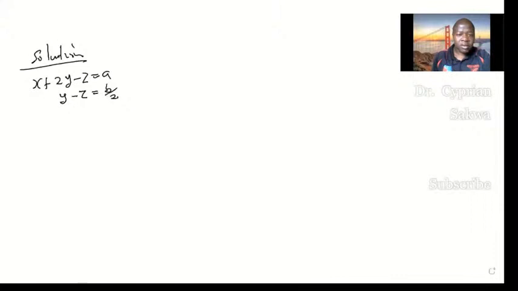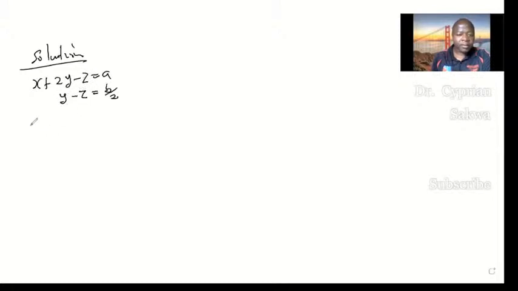Now you notice here that in equation 1 the leading element is x, and in equation 2 the leading element is y. So it means that z is a free variable.